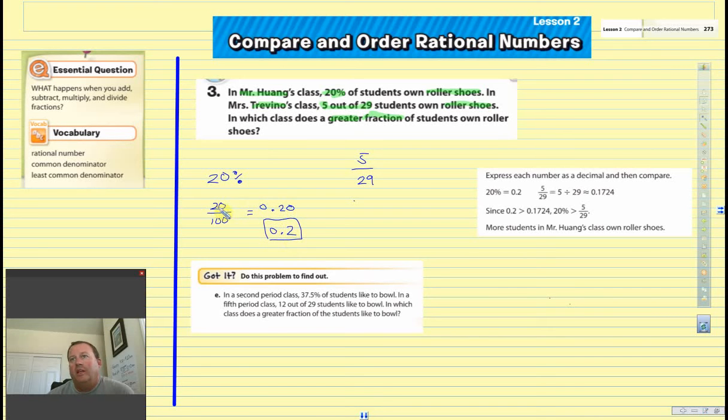You could reduce 20 hundredths by 10 and get 2/10, which we learned in our last lesson. That works, but it's just 0.2.